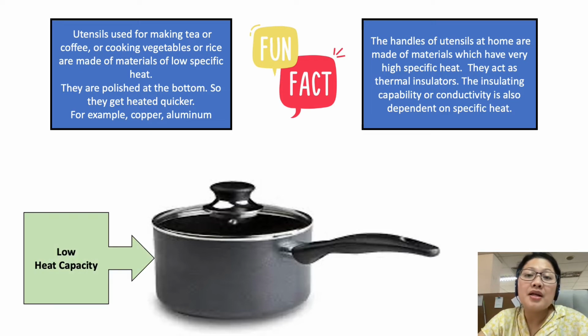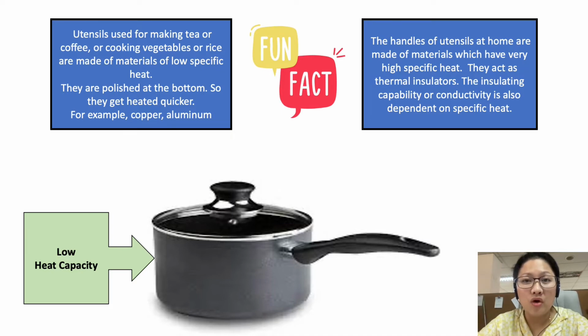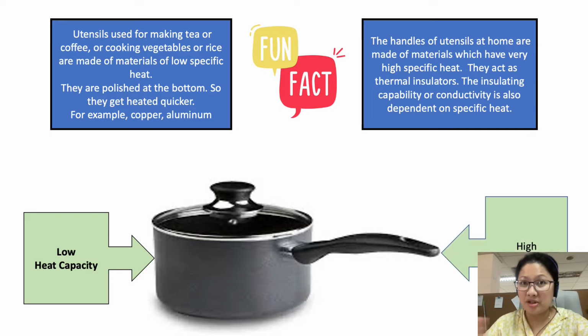This is because the body of the pot is made from a low heat capacity material, which means it requires less heat to increase the temperature, so it is easy to feel hot. Compared to that, the handle side is made from a high heat capacity material, which requires more energy to increase the temperature. That is why the handle area will feel less hot compared to the body of the pot.